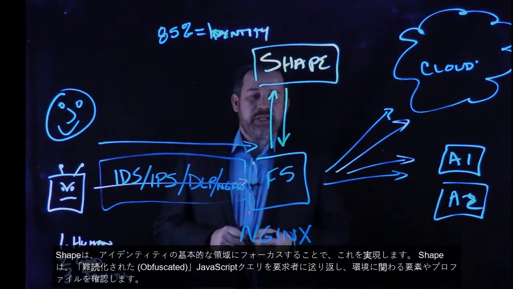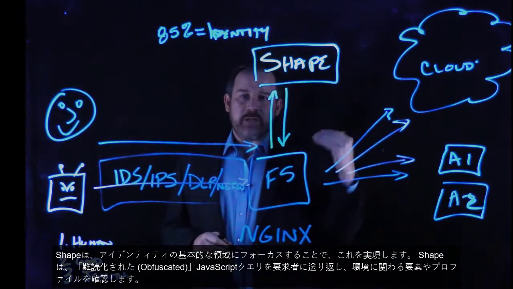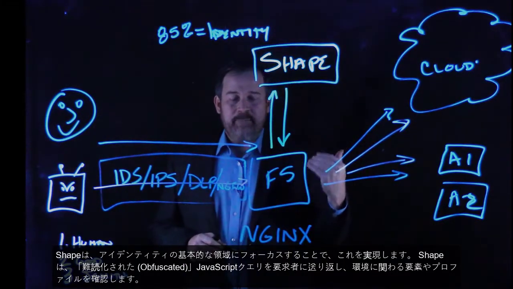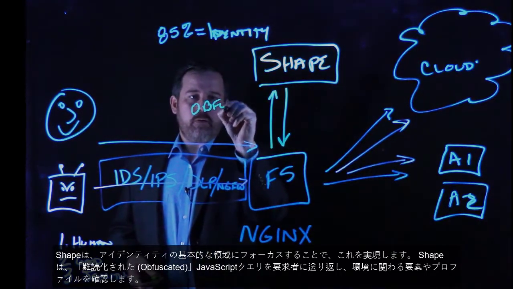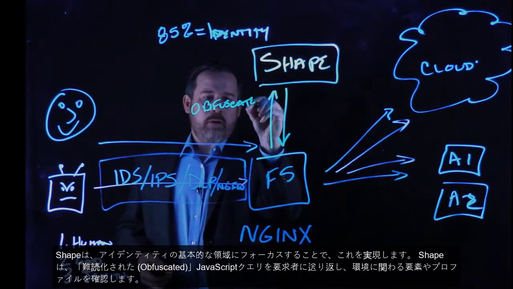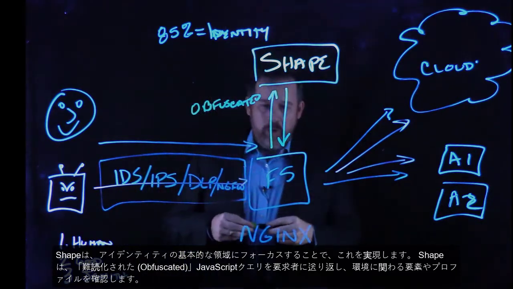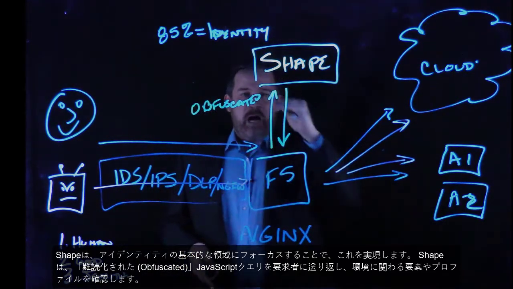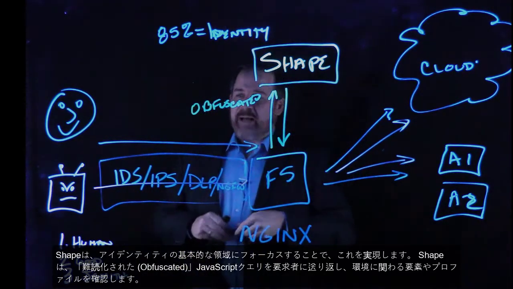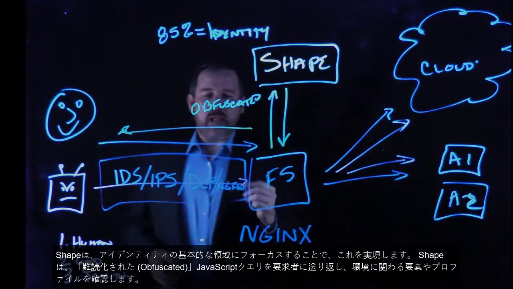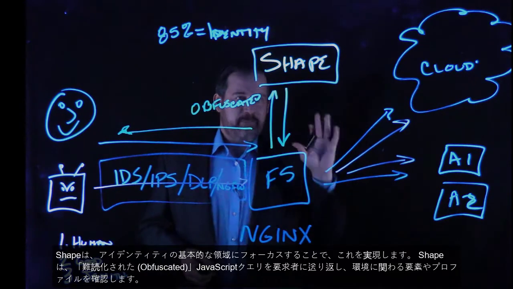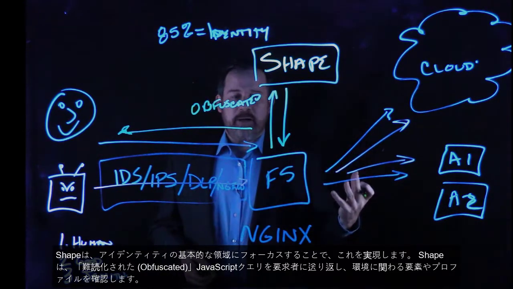Well, we accomplish this by concentrating on the fundamental areas of identity. And Shape uses obfuscated JavaScript queries, right? They send obfuscated JavaScript queries back to requesters to verify elements of their environment and their profile.